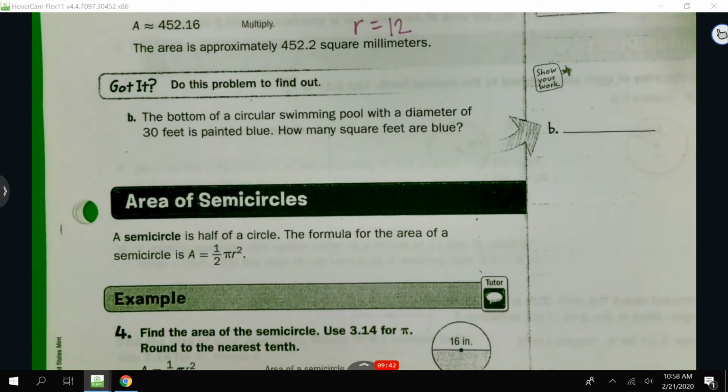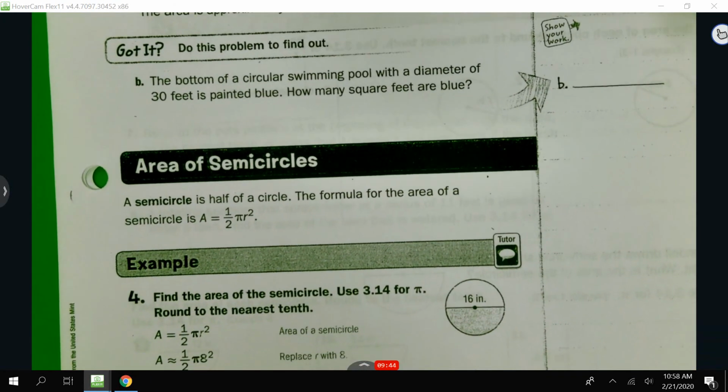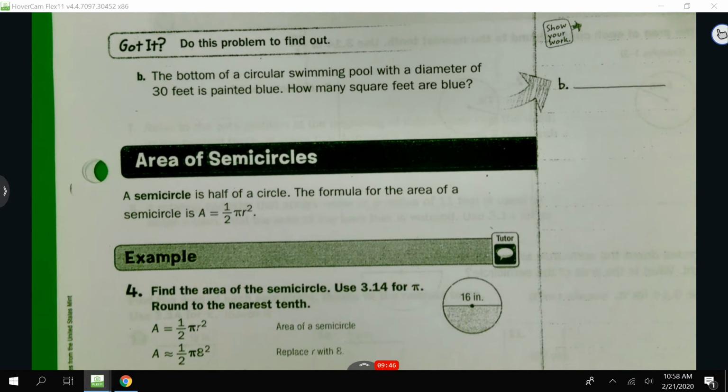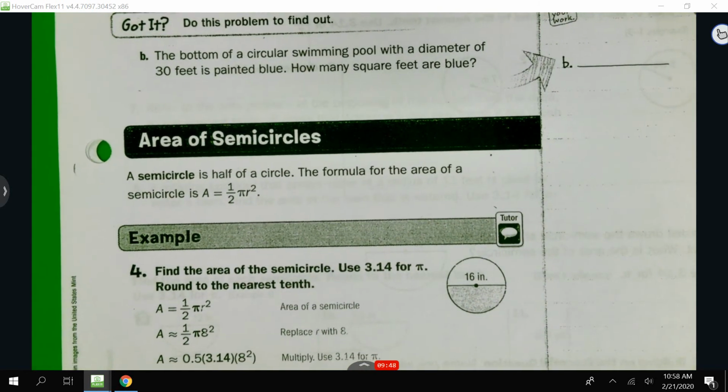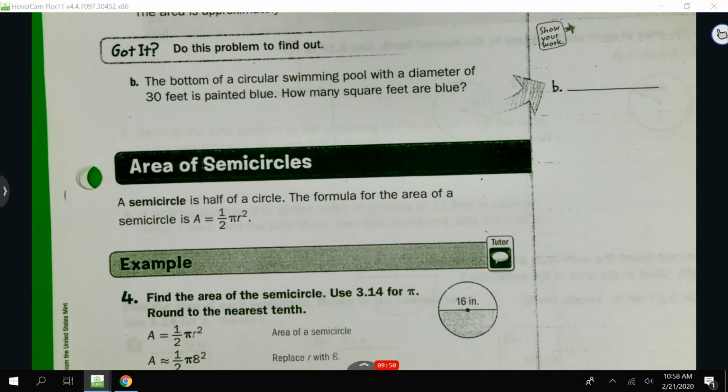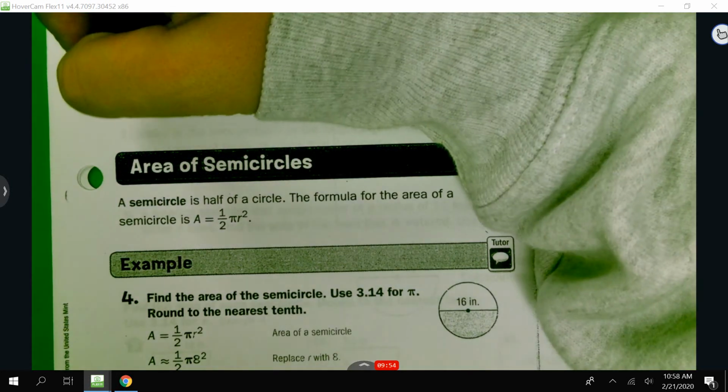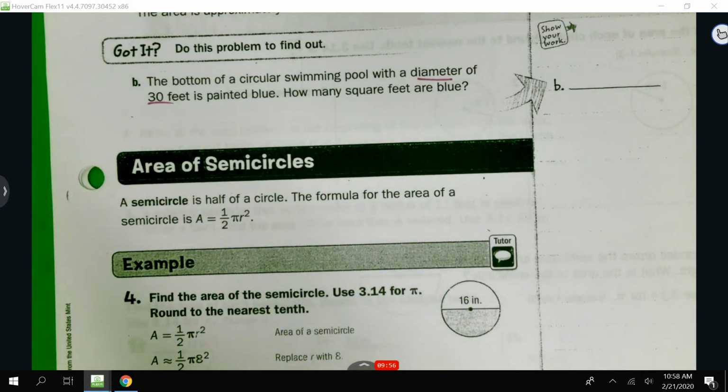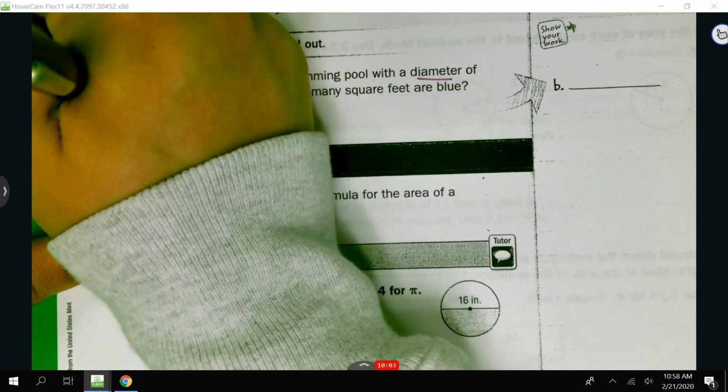So example B, it says the bottom of a circular swimming pool with the diameter of 30 feet is painted blue. How many square feet are blue? So they gave me the diameter, so again, what do I need to do first? Find the radius. So R equals D divided by 2.